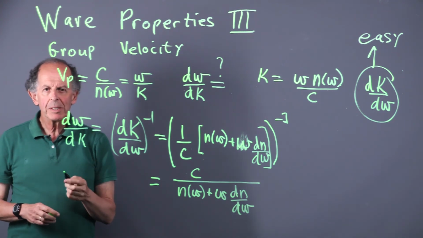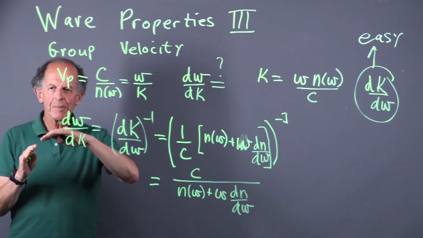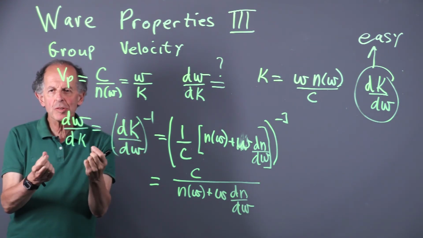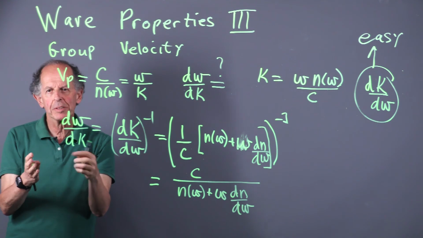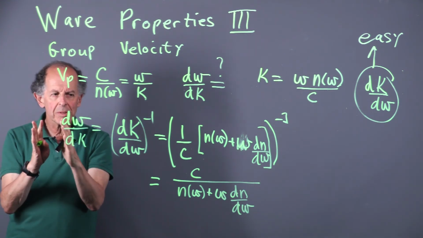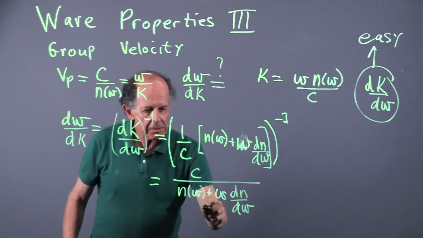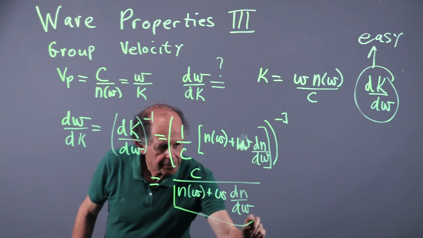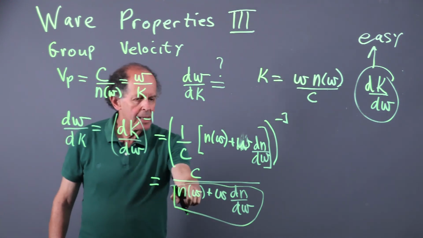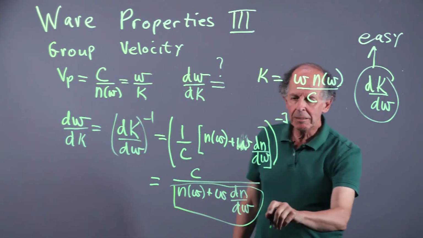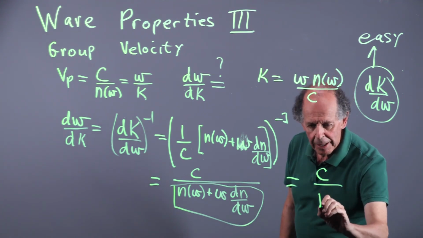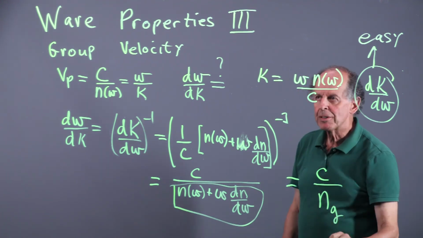What's important about the group velocity, as you saw from the videos, is that it is the speed of the packet. So it's the speed of energy travel, not the little wiggles. The energy is associated with the packet. In some of the optics literature, this has a special name. N of omega plus omega dn by d omega is called ng for the group.